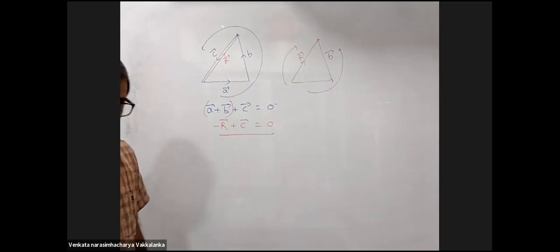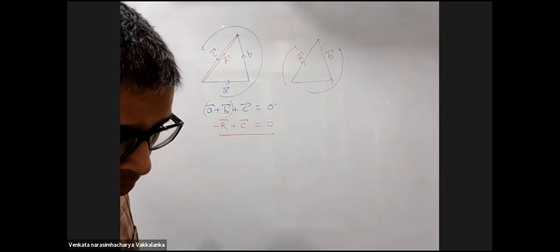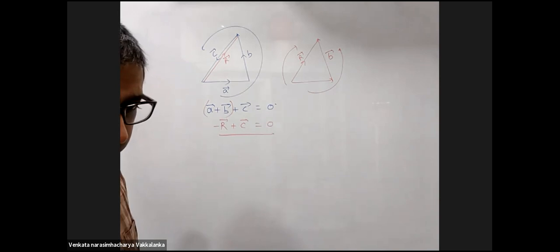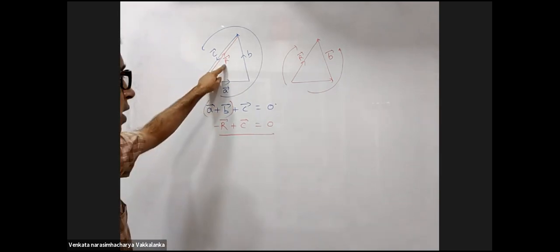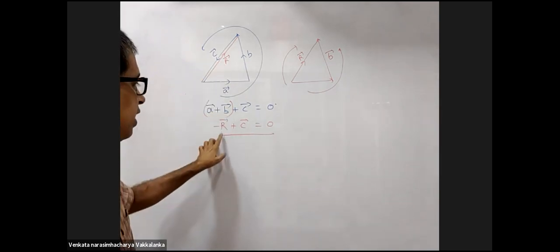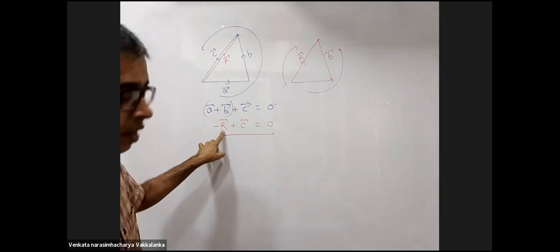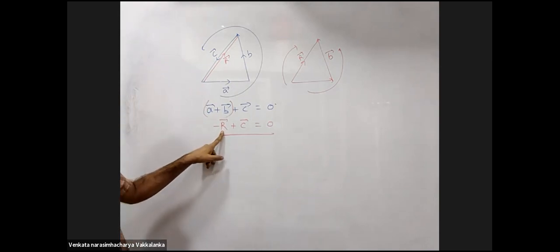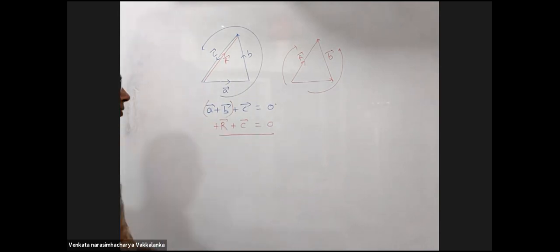Sir, won't minus R plus C be the same? Because R and C are in opposite directions, so when you add them, A plus B, I'm writing it as R. Sir, you have written minus R. R and C are in opposite directions, so summation will become 0.